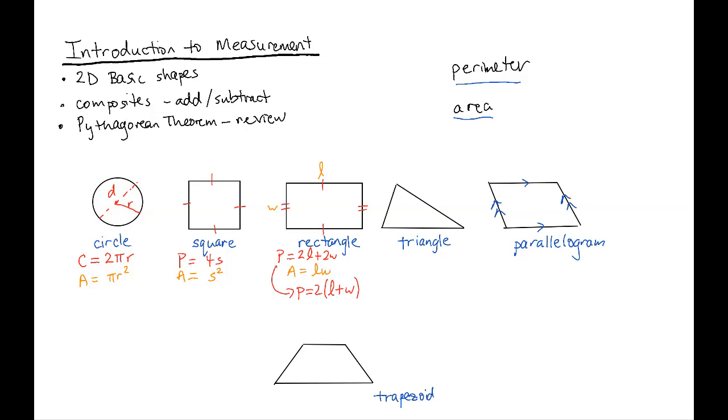The triangle is pretty easy. We could add up all 3 sides. And of course, if this was an equilateral triangle, we could just use 3s. But as it stands, probably in this scalene example, we simply add up all their sides. Side 1, side 2, and side 3.